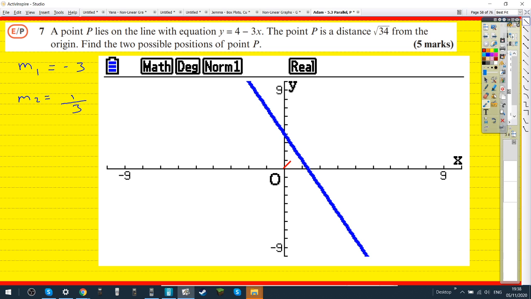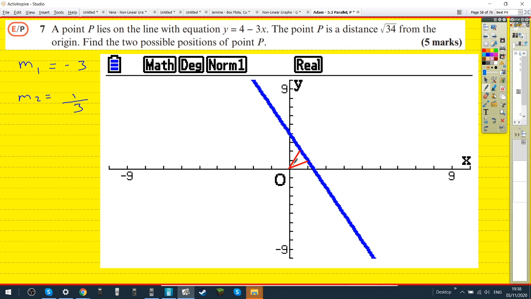I think maybe it's not perpendicular. A point P lies on the line, and the point P is a distance of root 34 from the origin. I think it would have to be a little that way and a little that way for there to be 2 points. There's only 1 point that's exactly the shortest. So how could we do that? That distance is square root of 34.